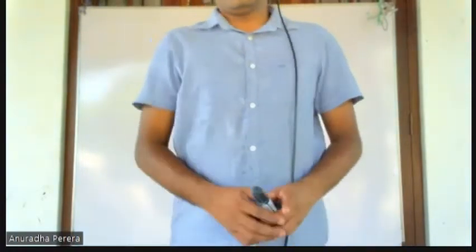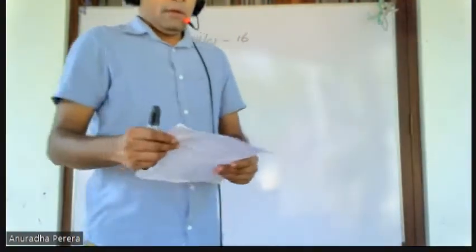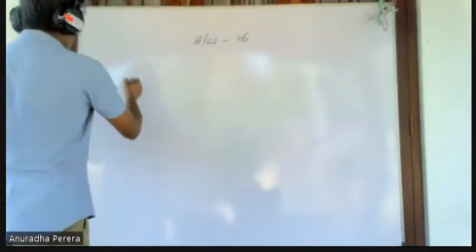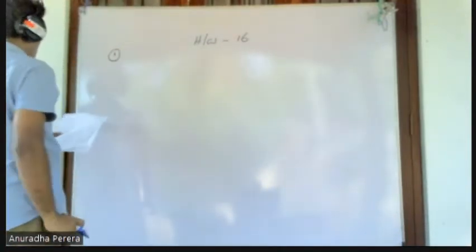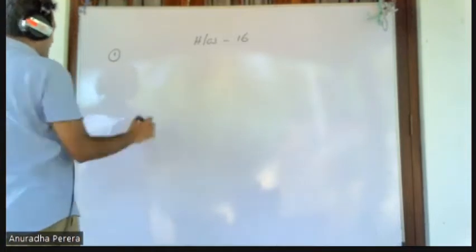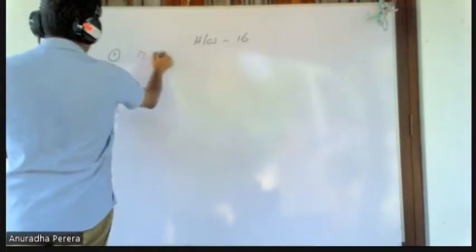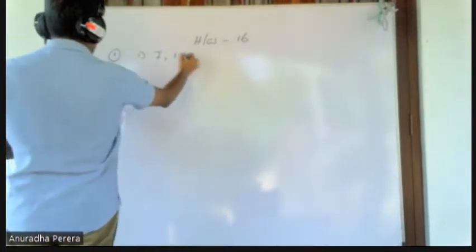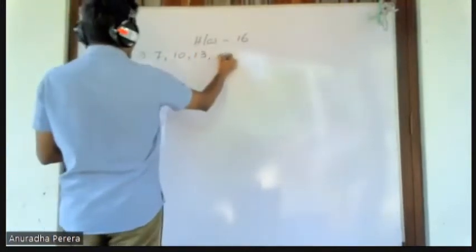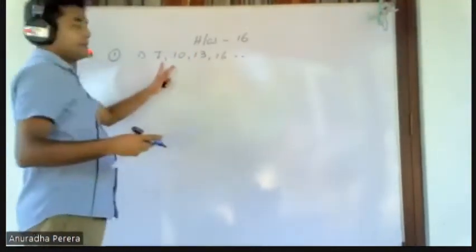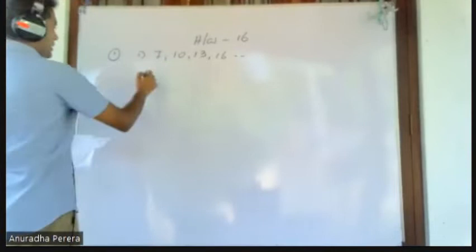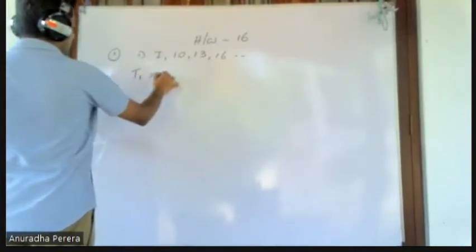Right. Homework number 16. Question number 1. Find the general term of the number pattern. 7, 10, 13, 16. The common difference is 3. T1, 3 times 1.